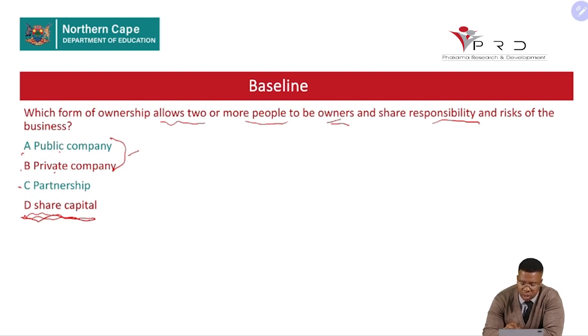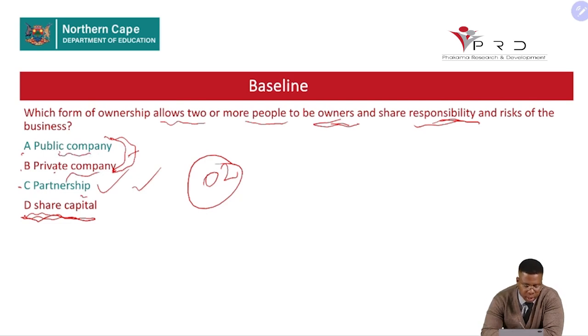So the answer should be partnership, because with partnership, 2 or more people can own and take the risks associated with the particular business, and they will share the responsibility on how to run the business. But remember, with companies, public and private, they are basically not owned or taken care of by their shareholders, because the shareholders have to vote for a director.